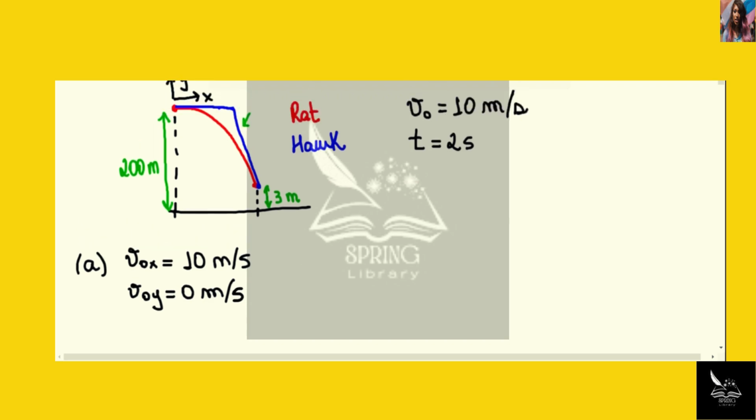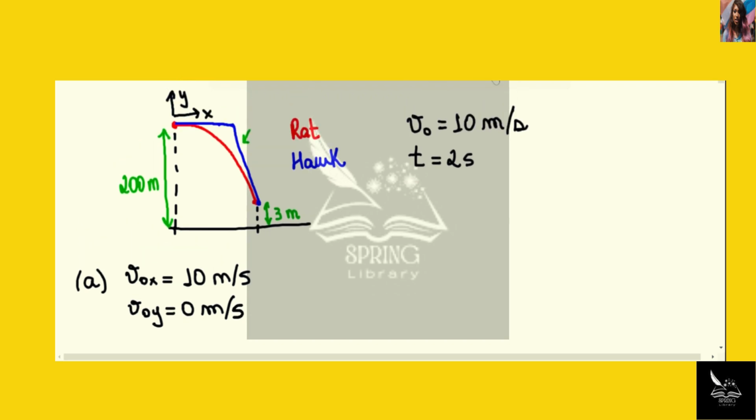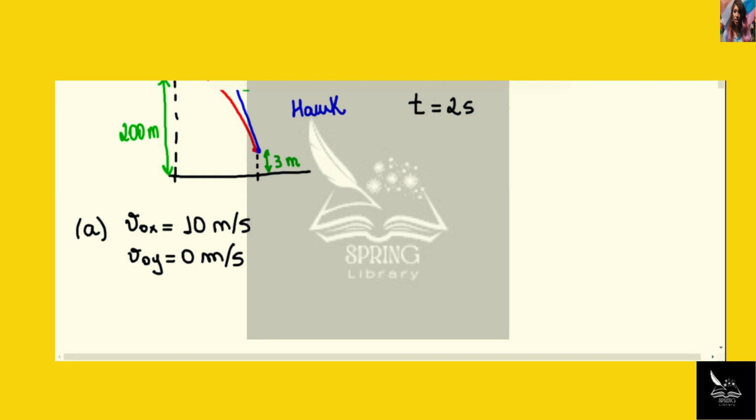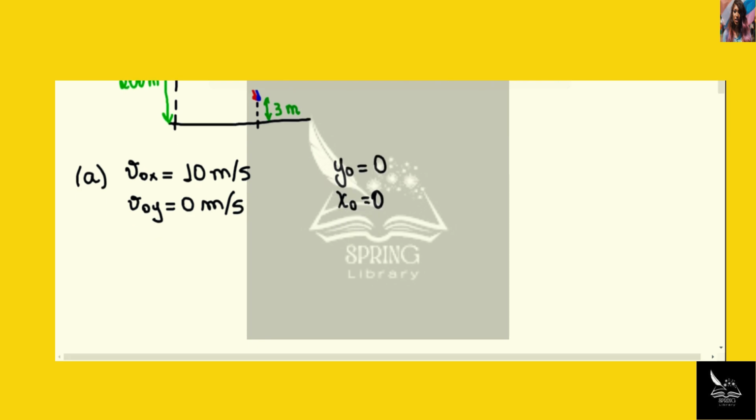I've set up a coordinate system where the origin is in the exact place where the rat broke free from the hawk, and the y-axis is pointing upwards. So y0 is 0, and so is x0 for the rat.